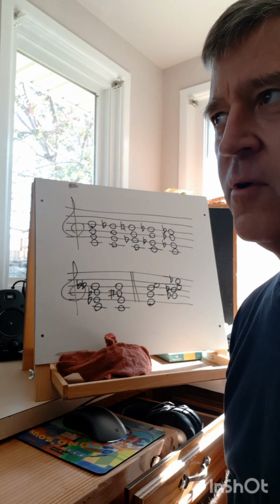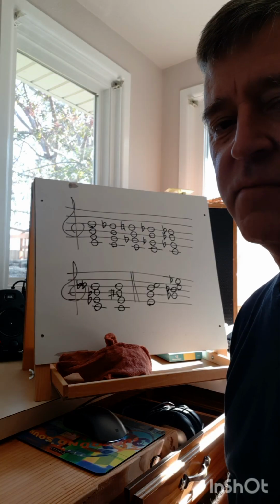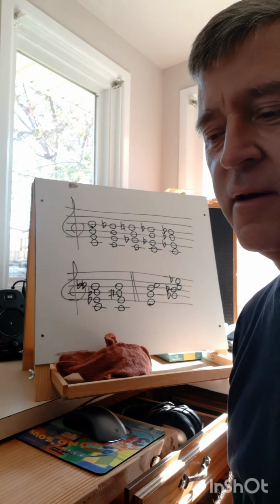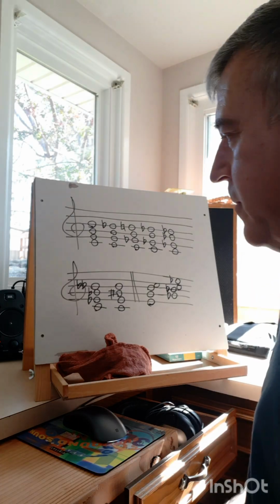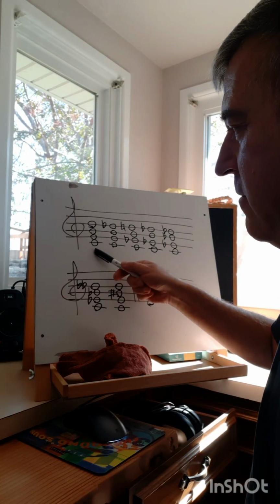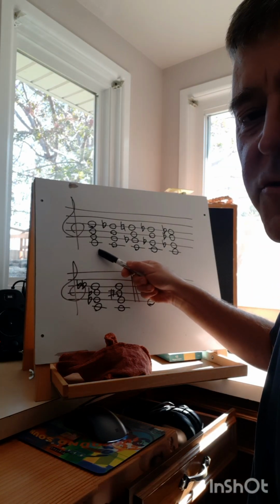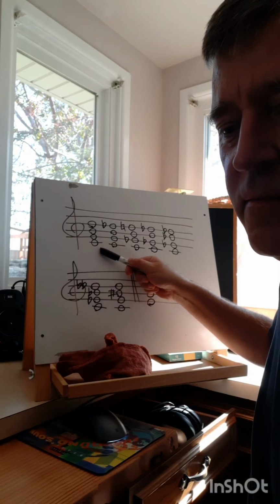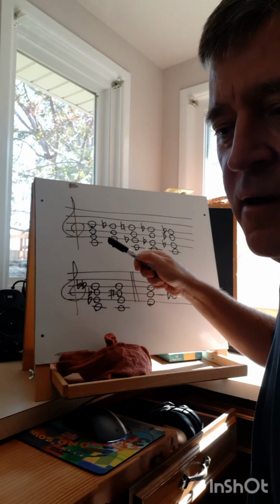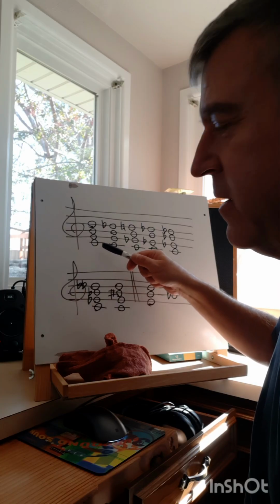First off, I've already discussed the stacking of thirds in a previous video, but I wanted to review that for a moment. So this first one, just taking your C major triad, and this obviously can be done on any foundation of any of the 12 notes that we have.